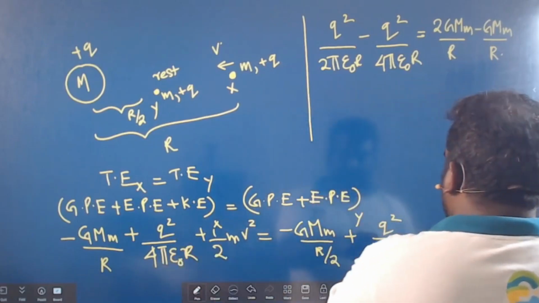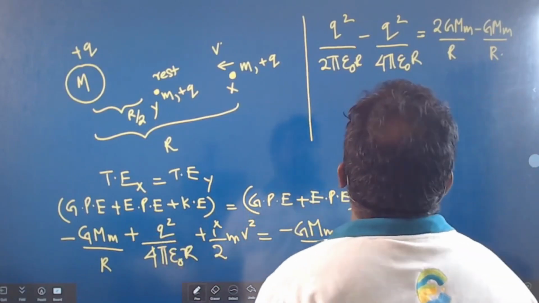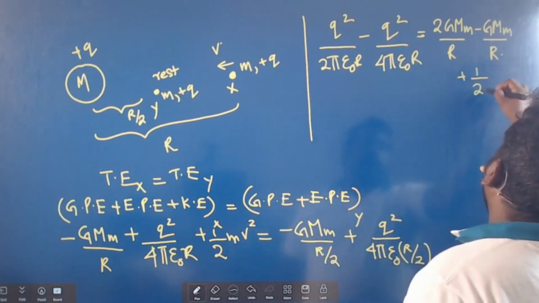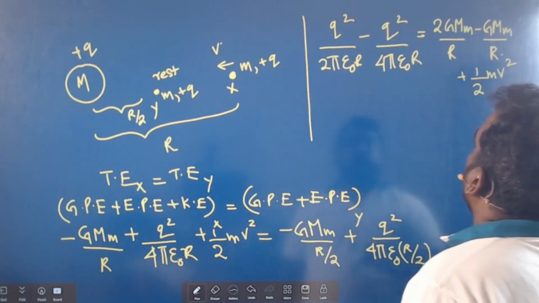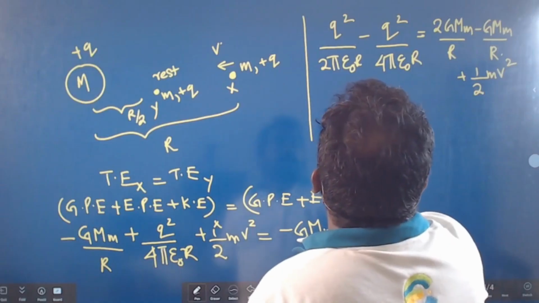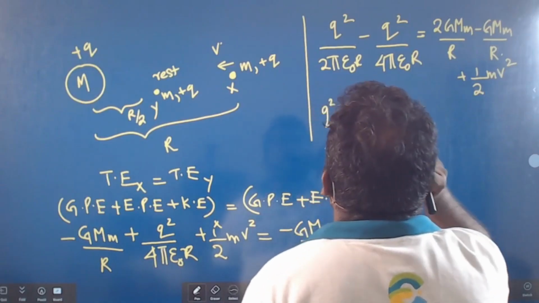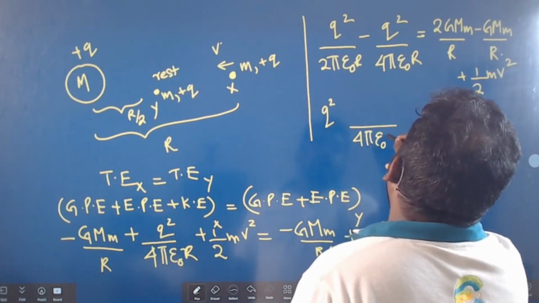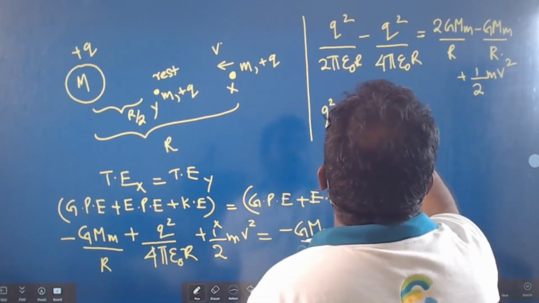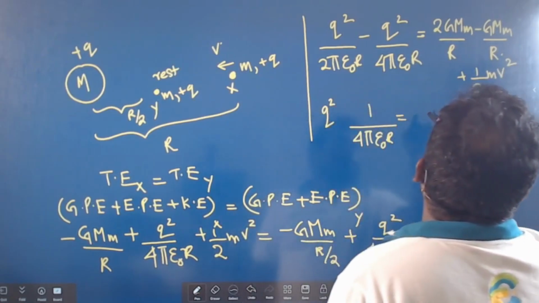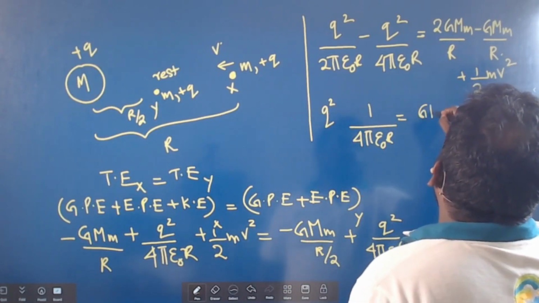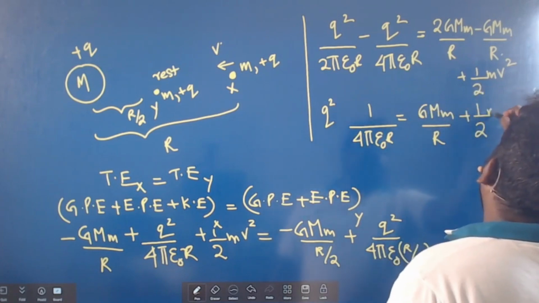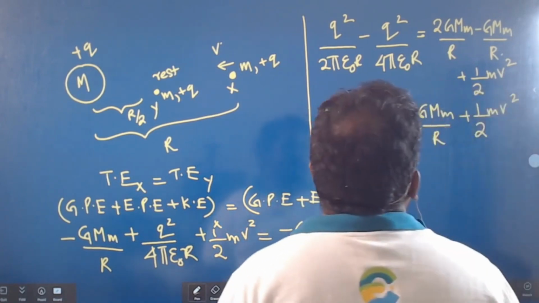So this goes here, this goes there. Q squared common over 4 pi epsilon naught R, 2 minus 1 is 1, equals G capital M simple m over R plus half simple m v squared.